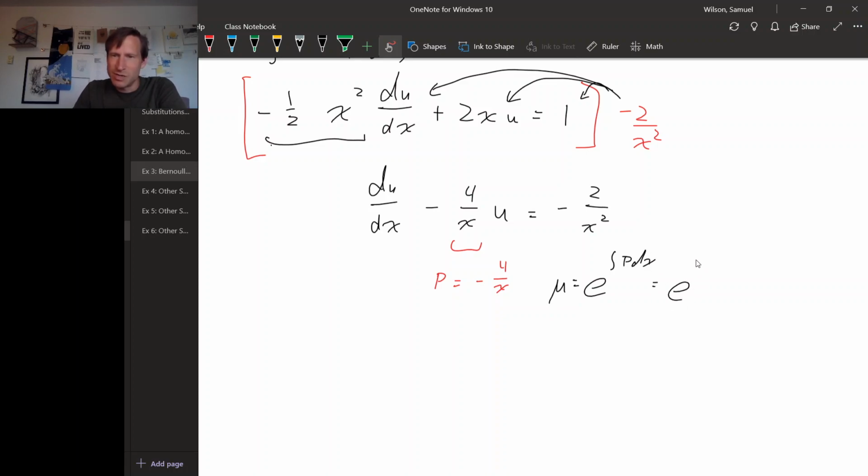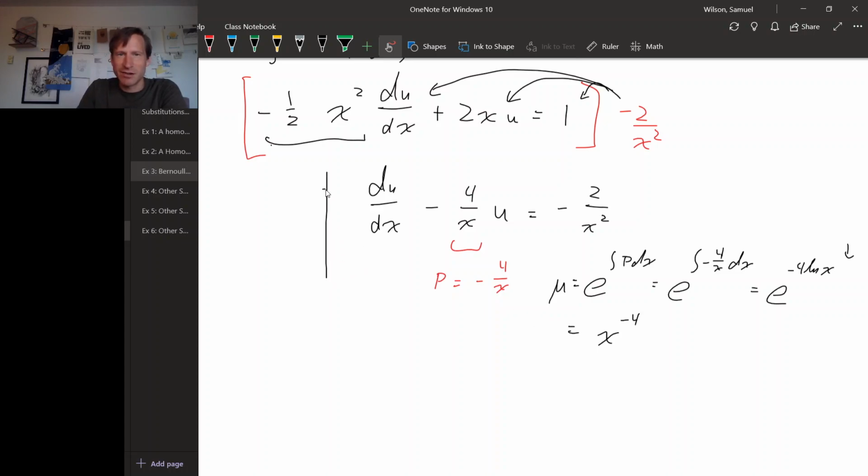So e to the integral of minus 4 over x dx, that's e to the minus 4 natural log x. Remember, we don't need a constant of integration when we're finding our integrating factor. And doing a little algebra, this is x to the minus 4th. So there's our integrating factor.